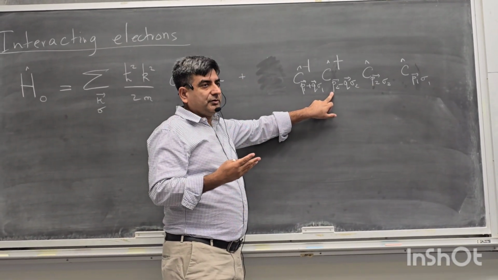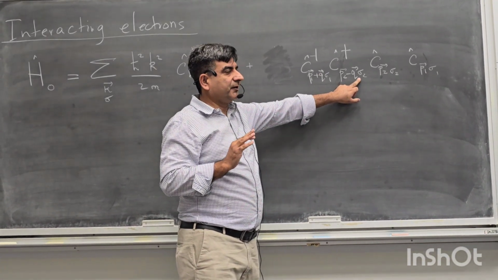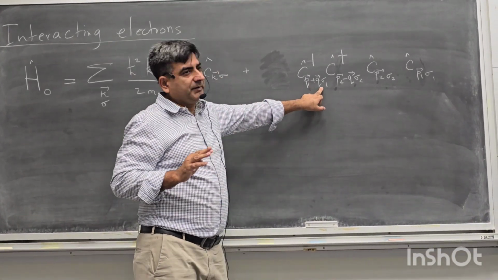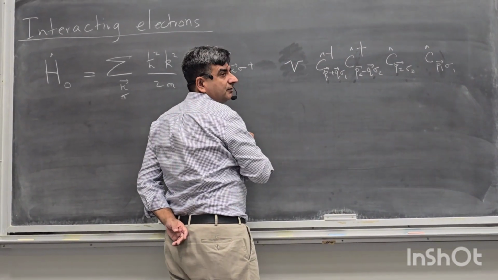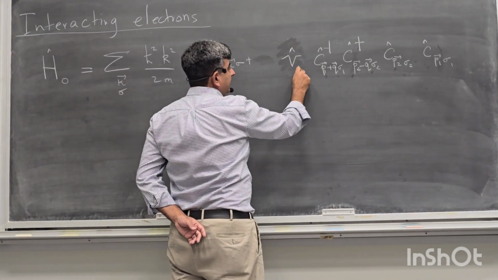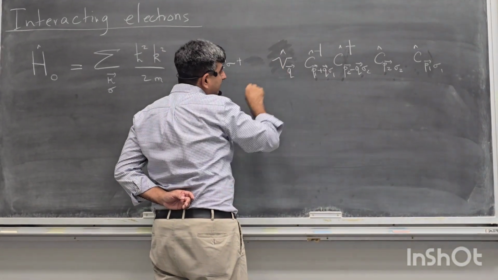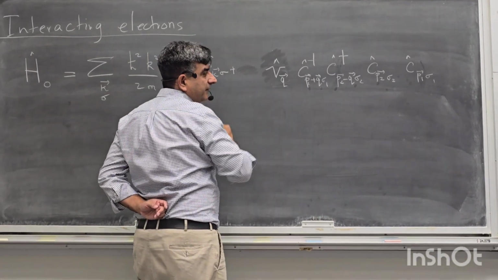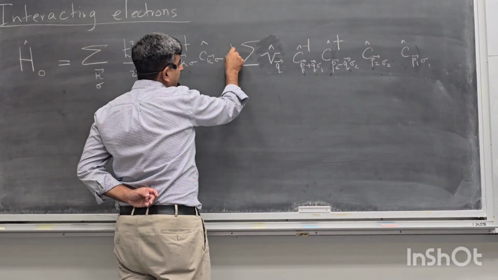And creating an electron of momentum p2 minus Q of spin σ2, creating an electron of momentum p1 plus Q, spin σ1, and then all of this must come with some amplitude, and that amplitude is the Fourier transform of the Coulombic interaction calculated at a particular value of the wave vector, which is Q, and then you have the half here.